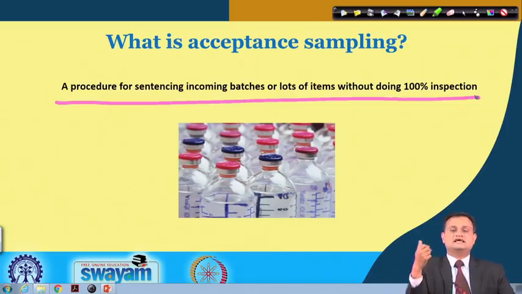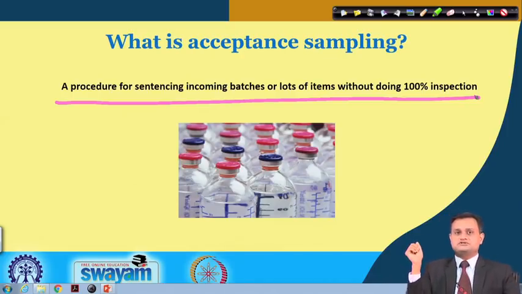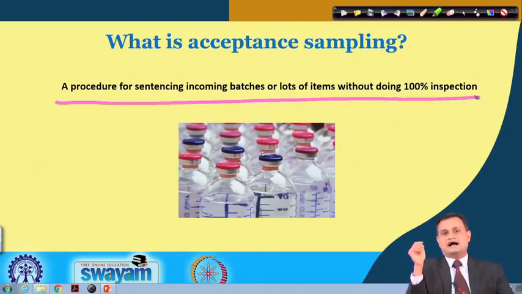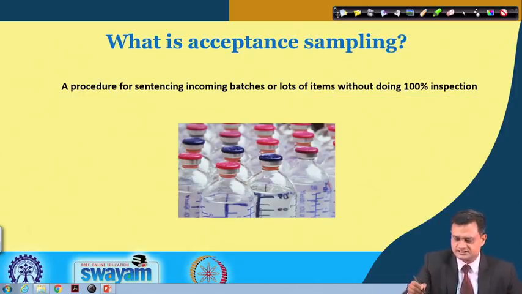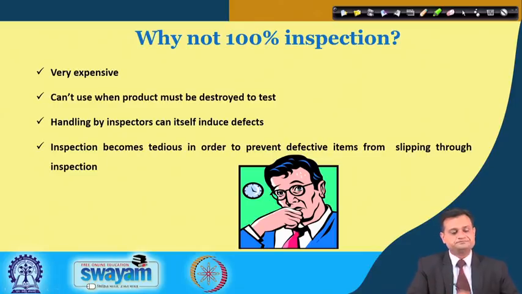But here, without doing 100% inspection, I will either reject the lot based on my sampling plan or I will accept it, and this decision I take based on my acceptance sampling. This is what we want to discuss as a part of this lecture.